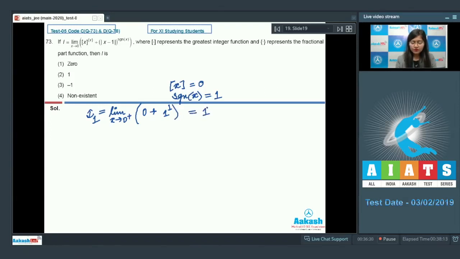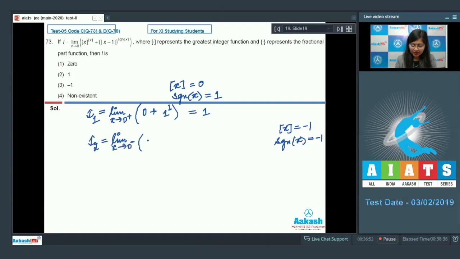So this is equal to 1. Similarly, let us find I2, that is limit of x tending to 0 minus. So when x is tending to 0 minus, the value of greatest integer of x will be minus 1 and the value of signum of x will also be minus 1.